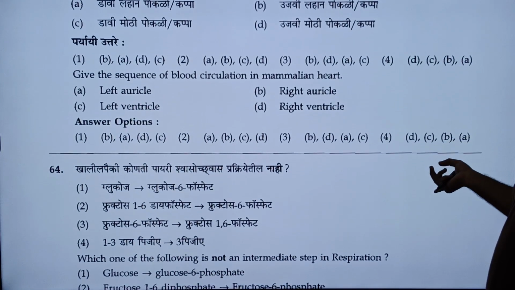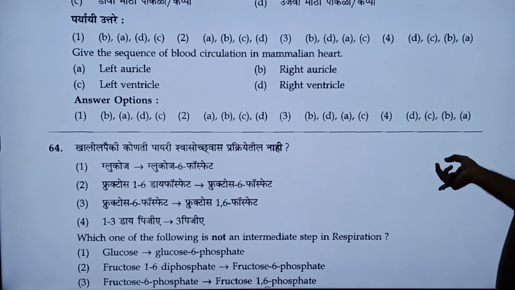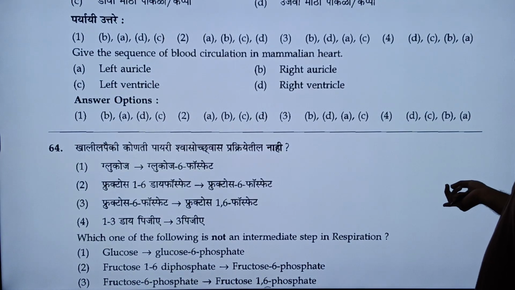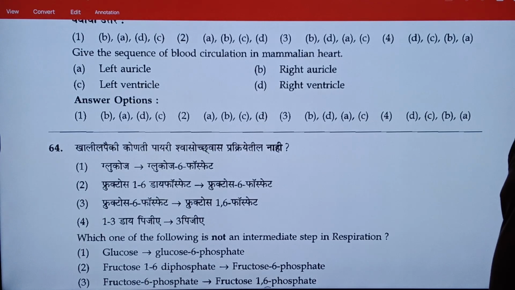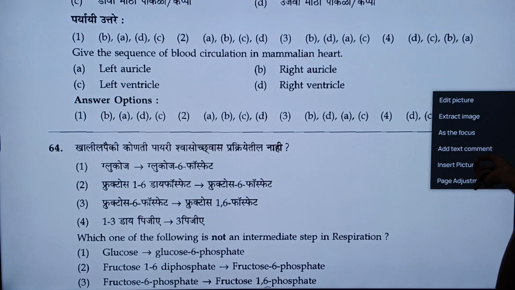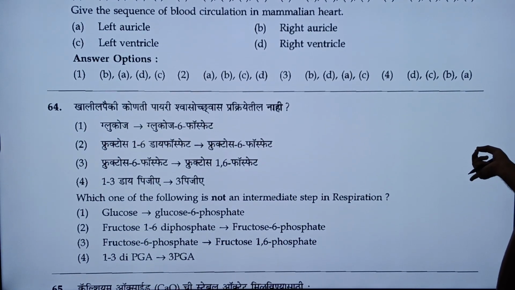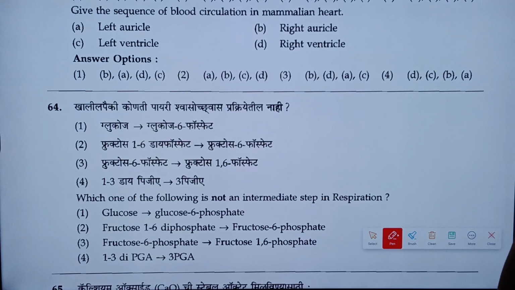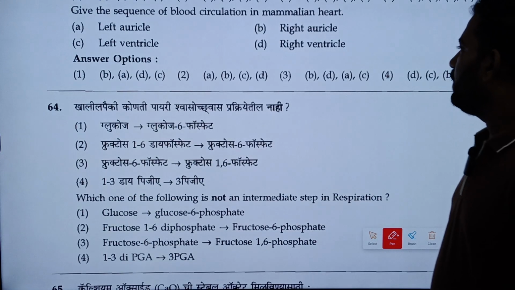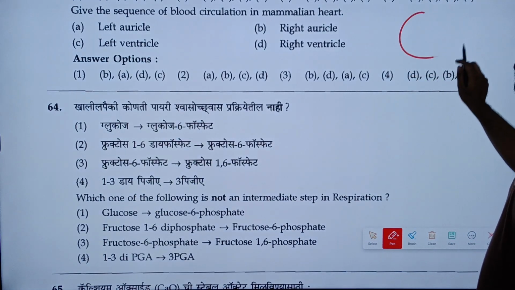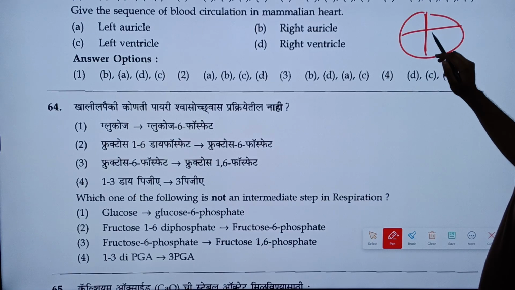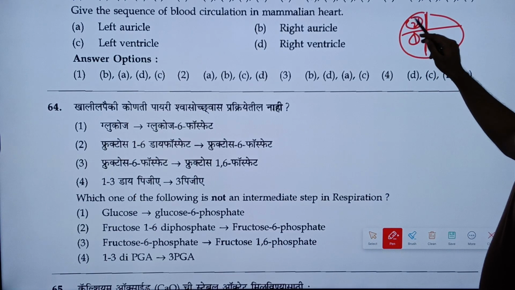Give the sequence of blood circulation in the mammalian heart. The heart of mammals is 4 chambered, so the question is related to that. You have to give the sequence. Left auricle, right auricle, 4 parts: 1, 2, 3, 4.